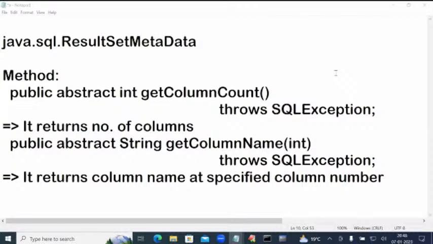If you call getColumnCount, the number of columns comes. If you call getColumnName, based on the column number, the column name comes. We have to count the number of columns. One column number you have to pass in the getColumnName method, then you will get the column name.